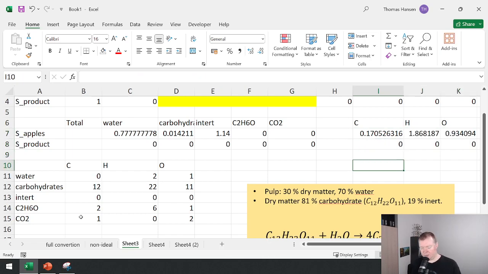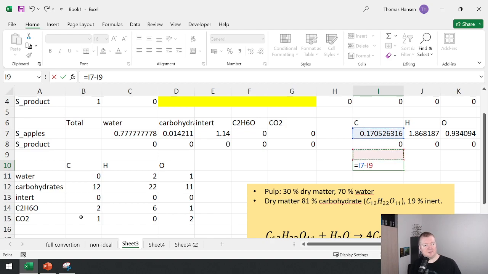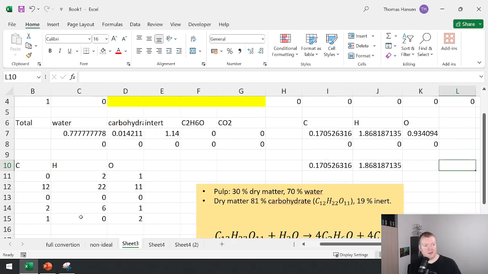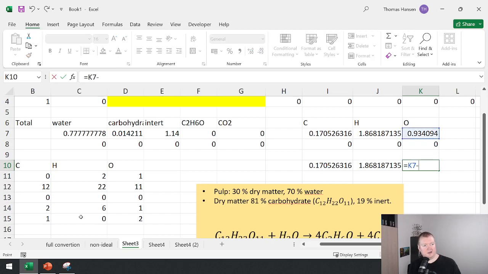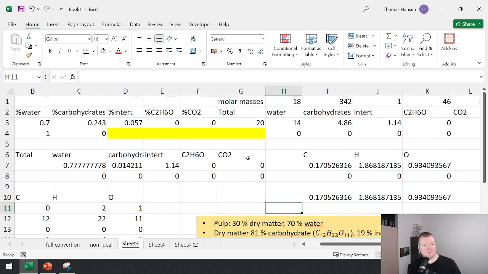And then I can set up my balances: carbon in minus carbon out, hydrogen in, hydrogen out, oxygen in, oxygen out, and that should be enough to solve this.